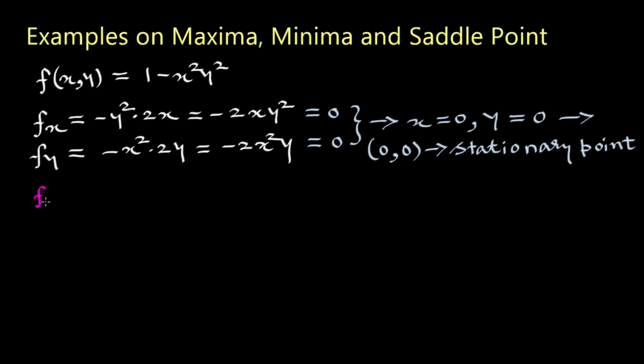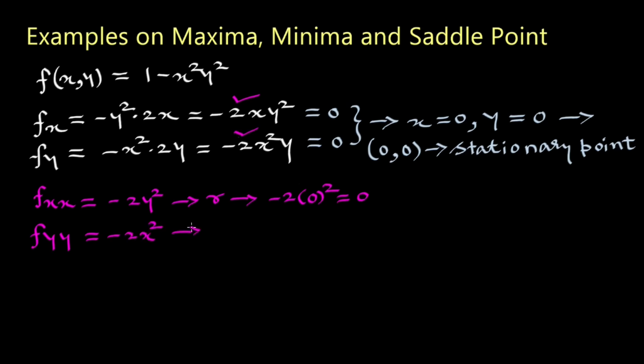Next, fxx from here will be minus 2y square, so r at the origin will be minus 2 into 0 square, that is 0. fyy from here will be minus 2x square, and this at the origin, that is t, is minus 2 into 0 square, 0.